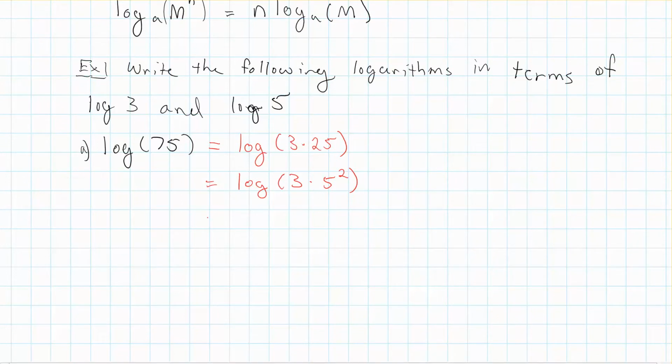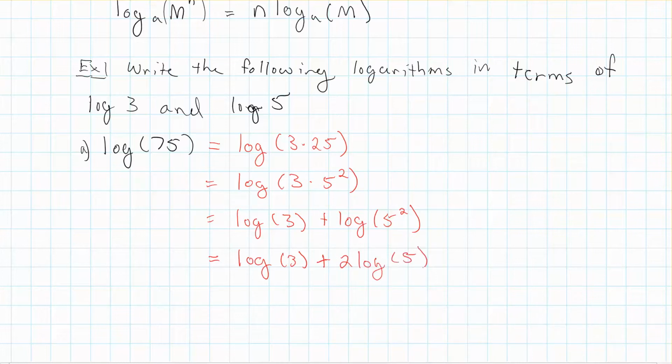So this would be equal to log of 3 plus the log of 5 squared. Now I said log of 5, not log of 5 squared, so I'm going to use the power property, and we get a final answer of log of 3 plus 2 log of 5.